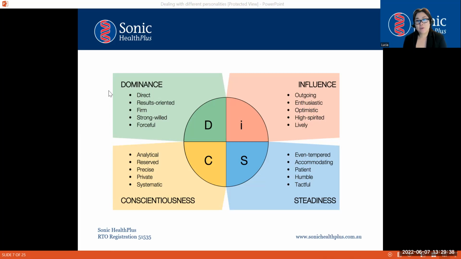Now the S, though they are slower in pace, they are people focused. So like the I, that's where they are on the right side of this quadrant. They are more about, okay, how does this affect other people? They're very accommodating and even-tempered and very calm in their way of communication.